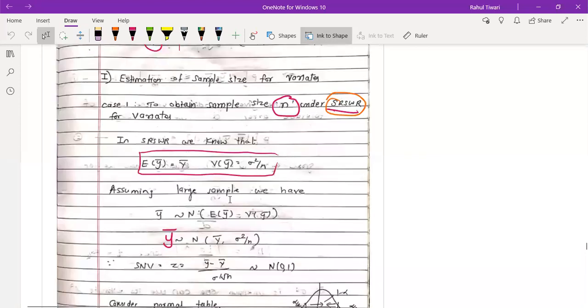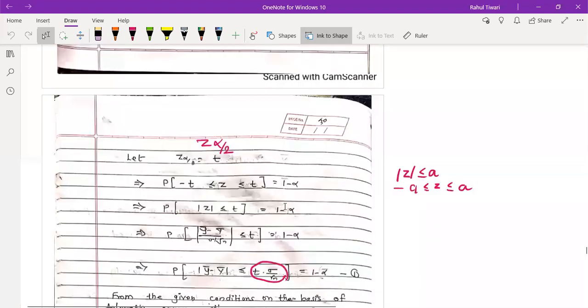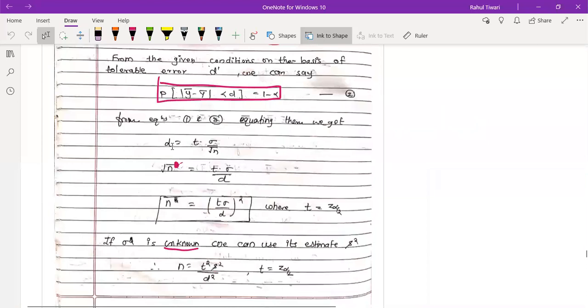So again, in estimation, the concept is the same. In the exam, you compare directly with d, that is t into standard deviation. Get it simplified, get the value. Because remembering all the formulas is quite difficult, that's why I'm giving the trick. If you know some steps, it is easy to get the value of sample size, the value of the confidence limit, and so on.